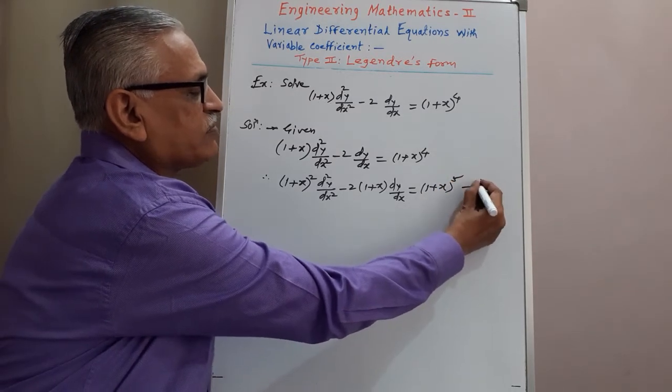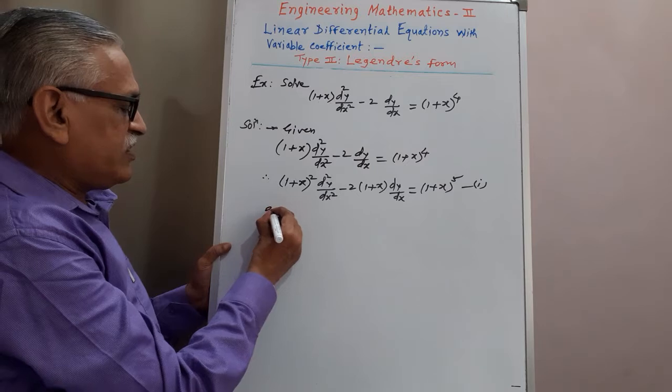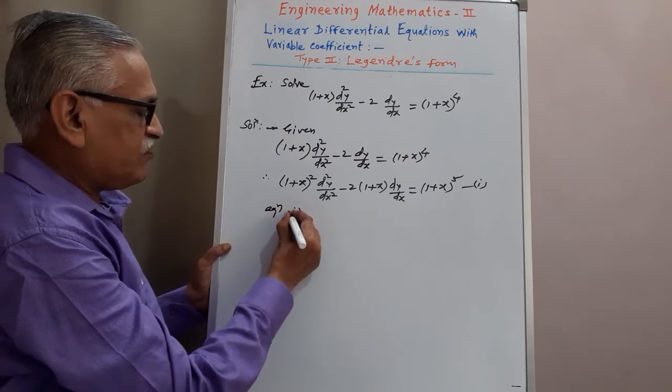We call this equation number 1, and equation 1 is in Legendre's form.